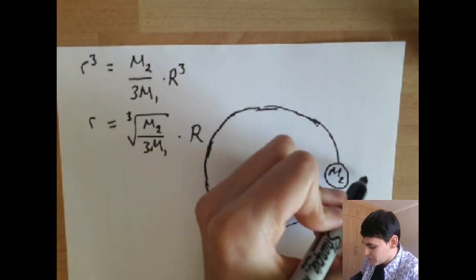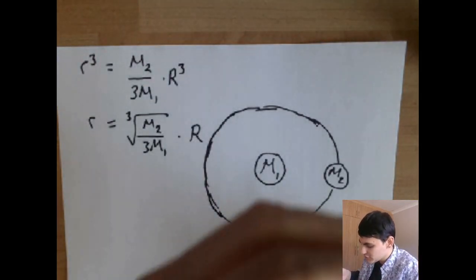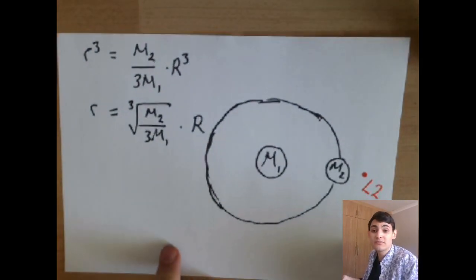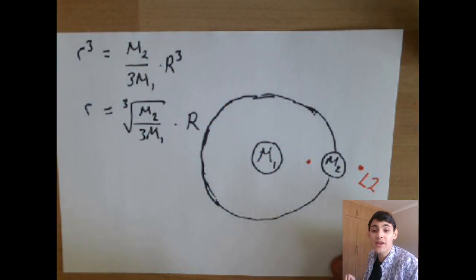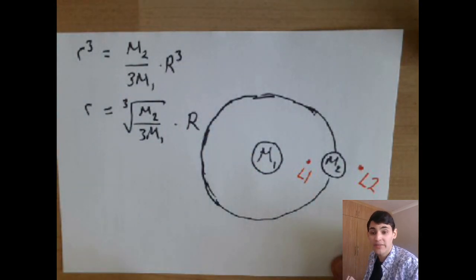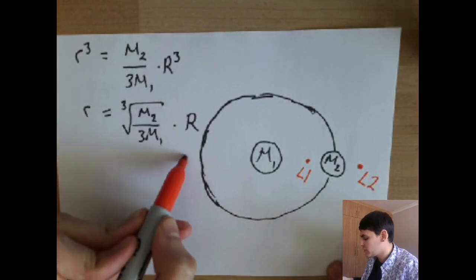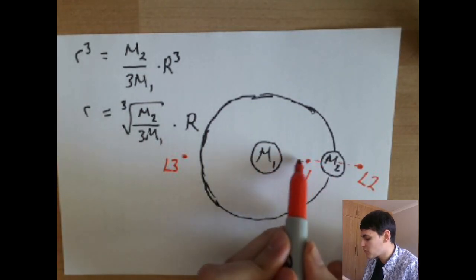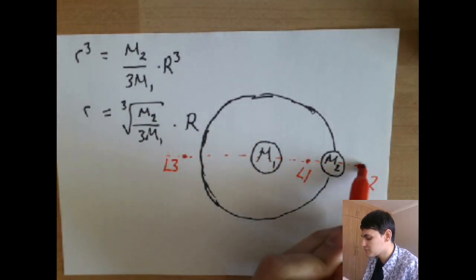The first point that we've worked out, and I'll do them all in orange, is here, and this is actually the L2 point. There is another one on the inside of the orbit, and this is L1, and then there is a third point on the far side, which is L3, and these form a collinear line between them.